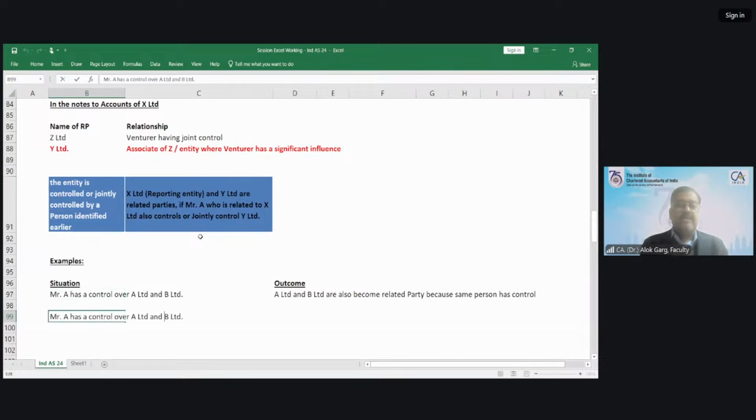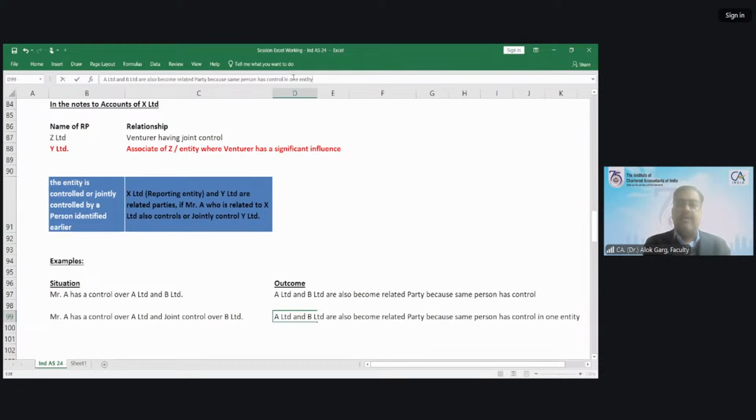Mr. A has control over A Limited and joint control over B Limited. So in this case also, A Limited and B Limited are related parties because the same person has control in one entity and joint control in the other entity.